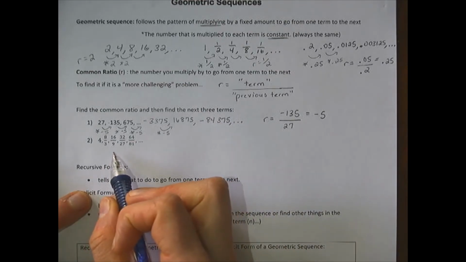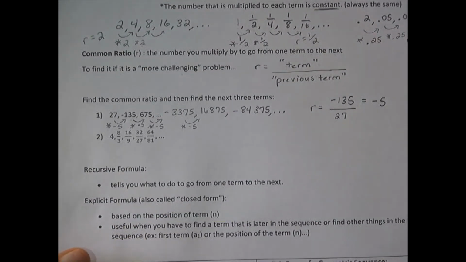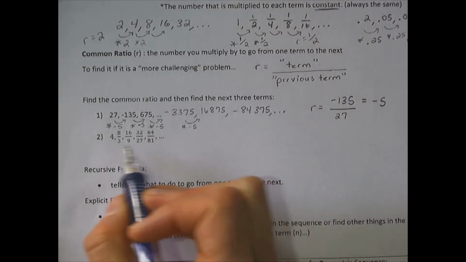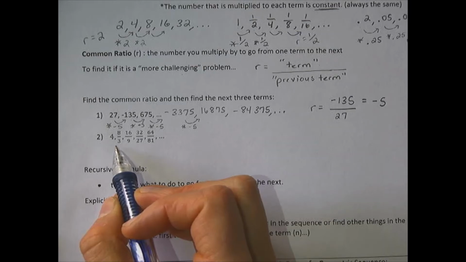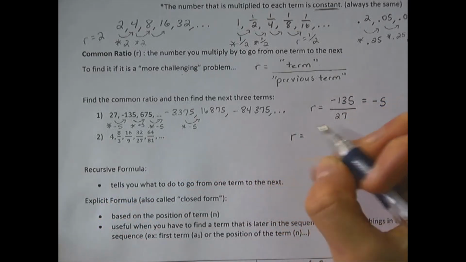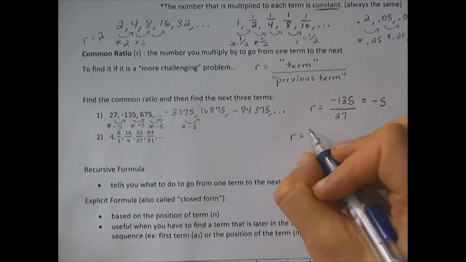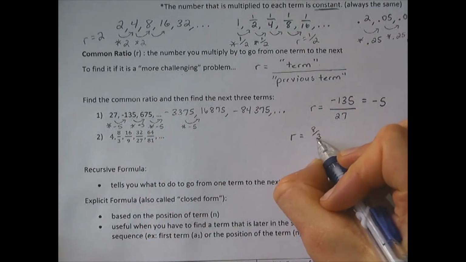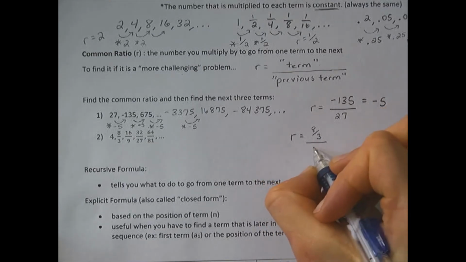So then the next one, notice it's got fractions again. We all love fractions. So I'm going to zoom in just a little bit. This would be a harder one to see what it is that we're multiplying by. So this is why I gave you that little shortcut. Remember, you can always take one term over the other. So with this one, I could take the 8/3 and then I would divide by, well, the term right before it is 4.